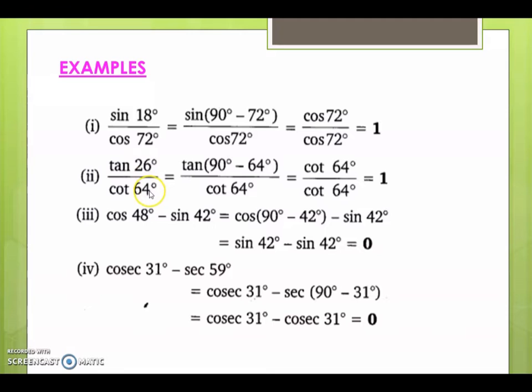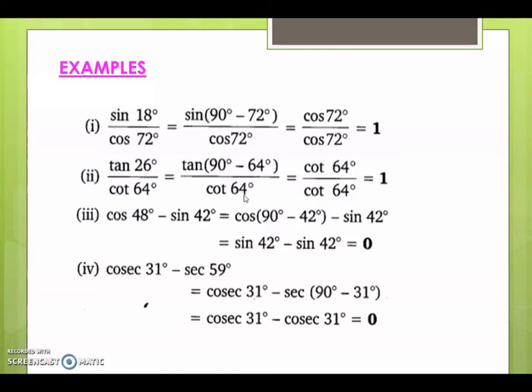Here also 26 and 64, their sum is 90. So, in such problems where you have angles which add up to 90, only one of the angles you can change. Now, here if you change both, tan 26 degrees I have written as tan of 90 minus 64. If cot also I change in terms of 90 minus theta, then it will not be helpful.